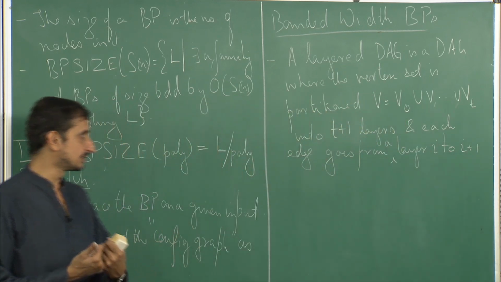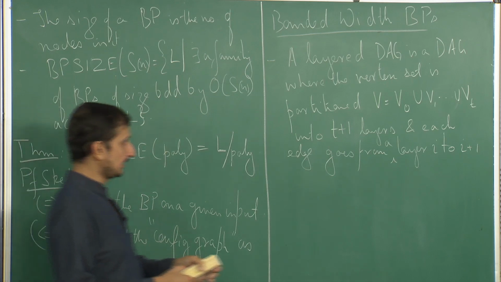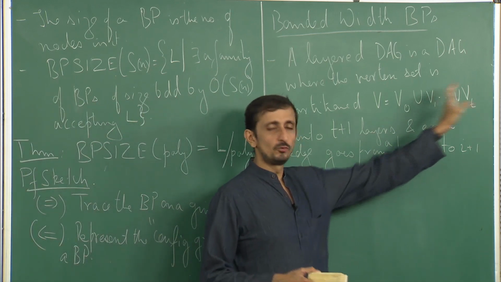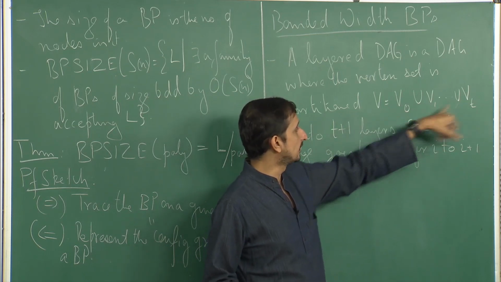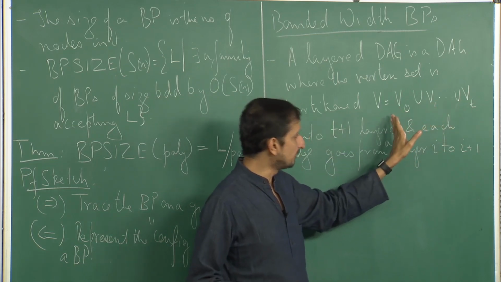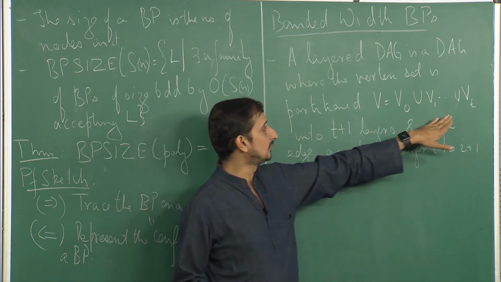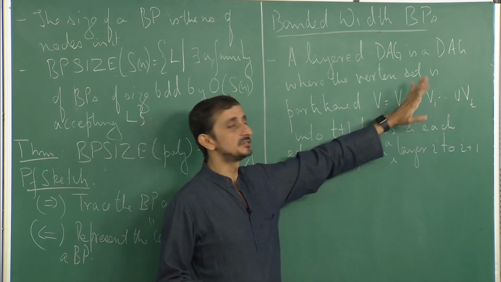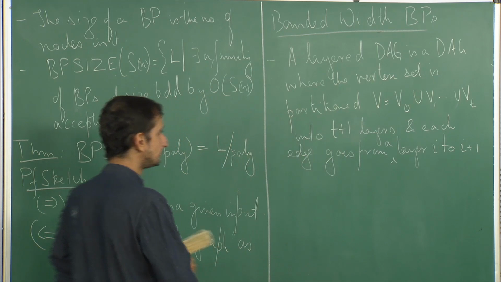So each edge of the DAG goes from a layer I to a layer I plus 1, and this is a partition, which means that the union of all these vertex sets, which are called layers, gives me V, and they are pairwise disjoint, so no vertex belongs to more than one layer.